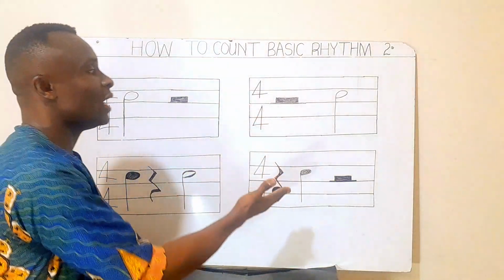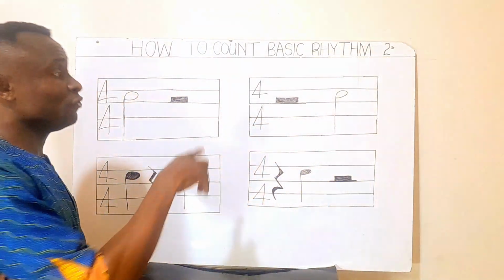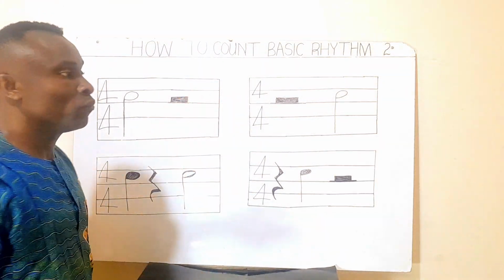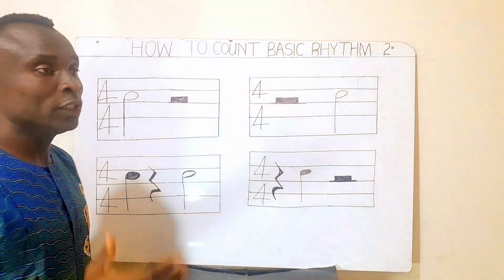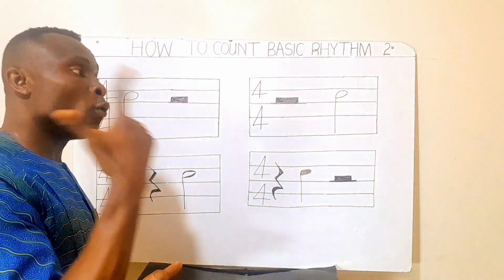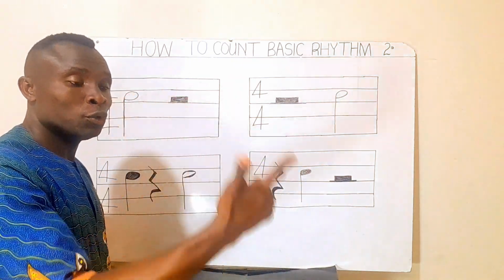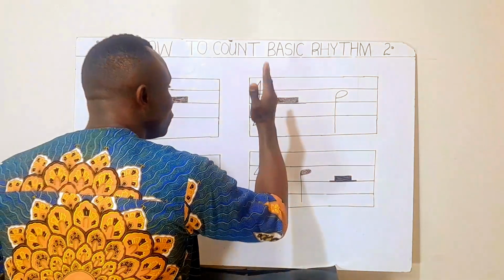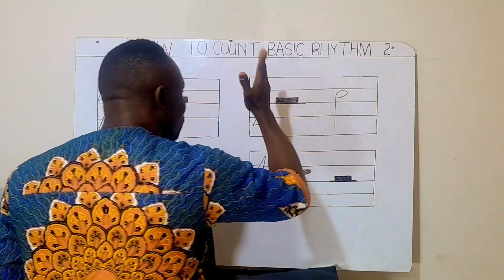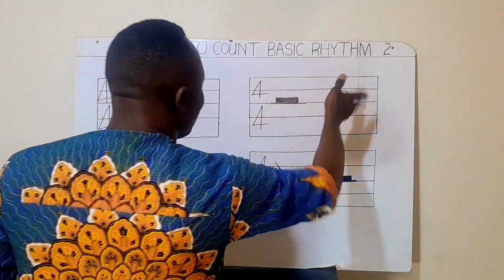So let's move on. The next bar is another measure which begins with a rest before the minim or half note that we have there. So let's take our beats one more time. 1, 2, 3, 4.